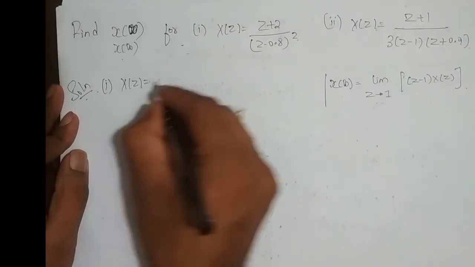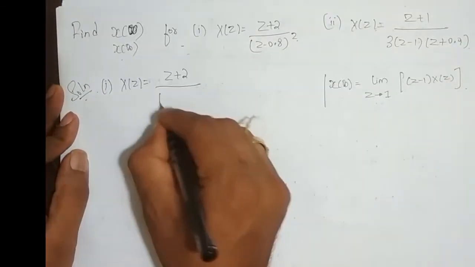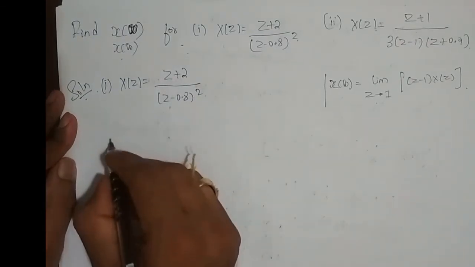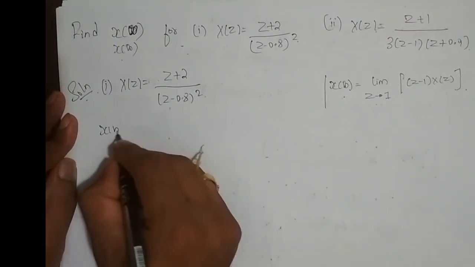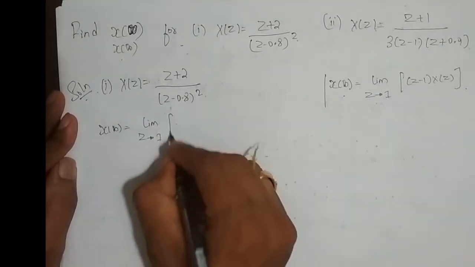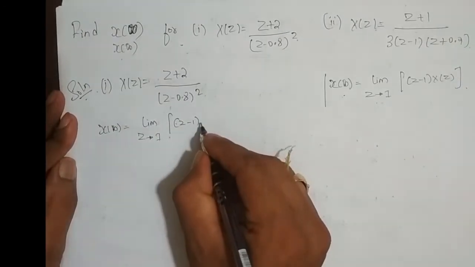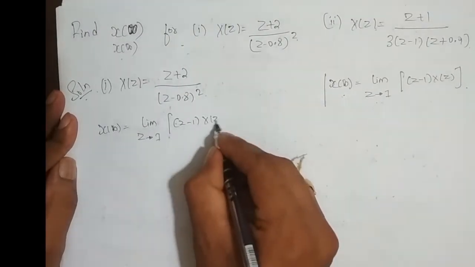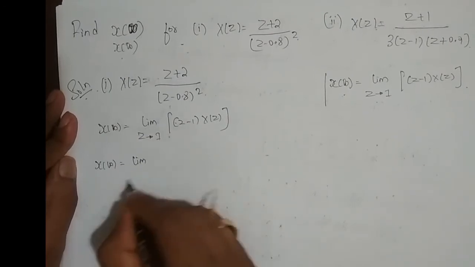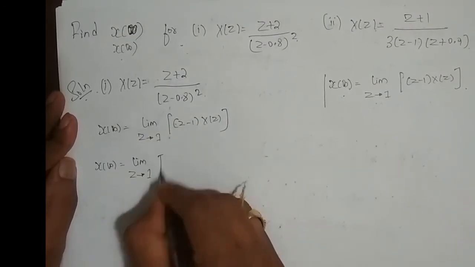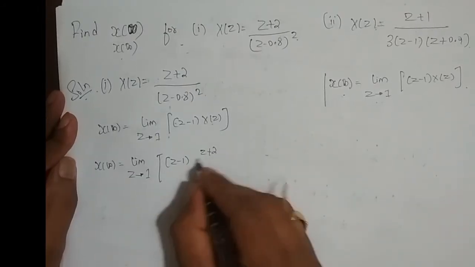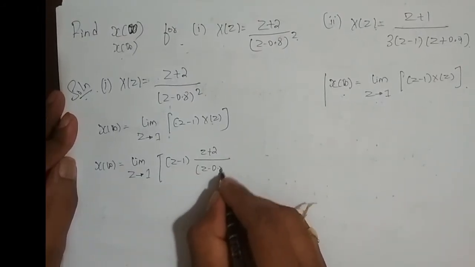Okay, we'll take up the first problem. X of z is equal to z plus 2 divided by z minus 0.8 whole square. What is x of infinity? X of infinity is equal to limit z tends to 1 of z minus 1 times x of z, where x of z is z plus 2 divided by z minus 0.8 whole square.